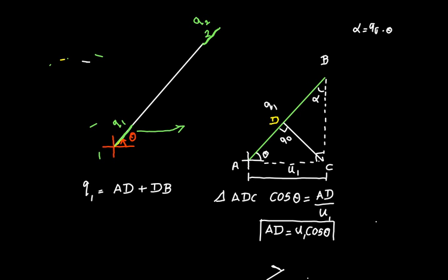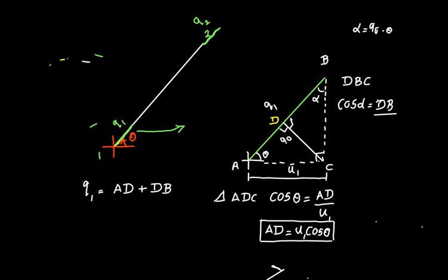In exactly the same manner, I can work out what should be DB. So in the triangle DBC, this is also 90 degrees. So let us work out cos alpha. Cos alpha is equal to, again, adjacent side divided by hypotenuse. Adjacent side is DB divided by the hypotenuse side, which is BC.